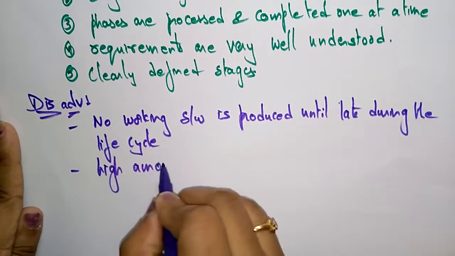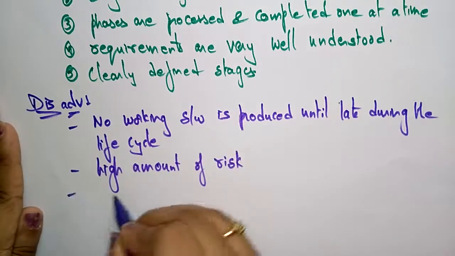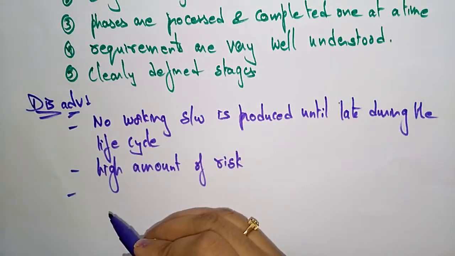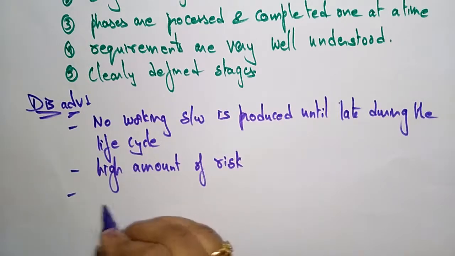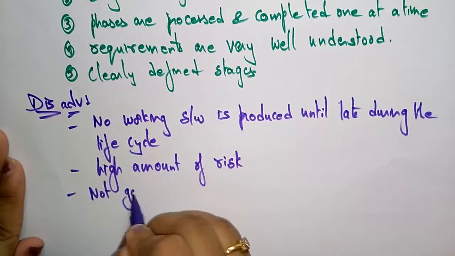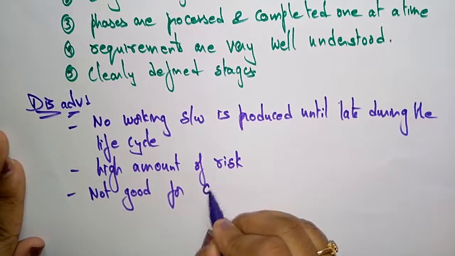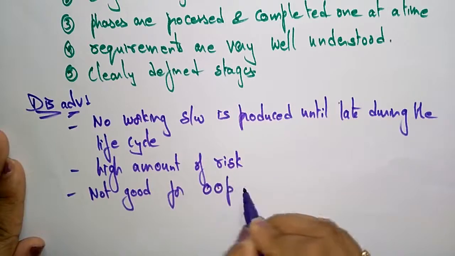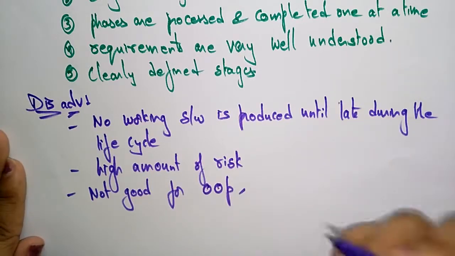High amount of risk and uncertainty will be there in the waterfall model, and it is not a good model for complex and object oriented programs. Not good for object oriented programs, and it is also complex.